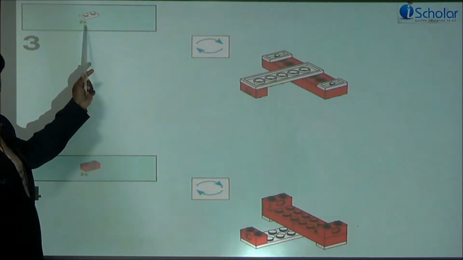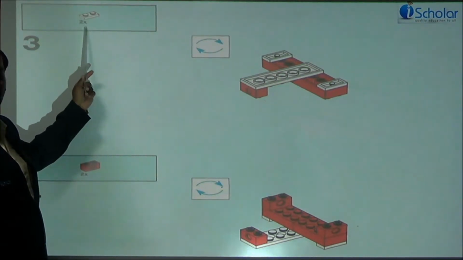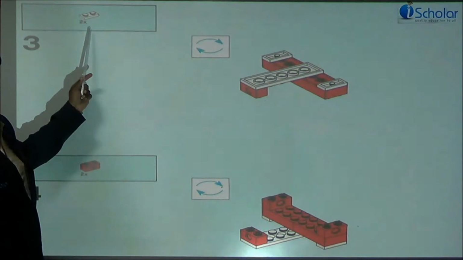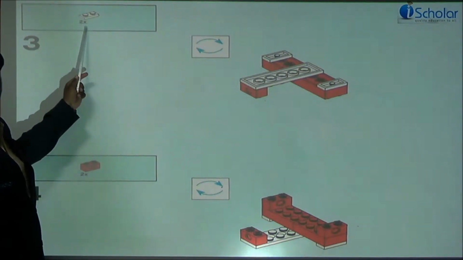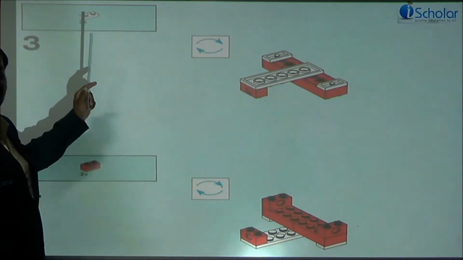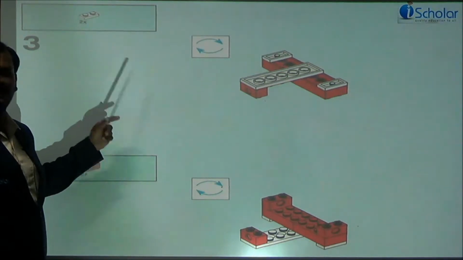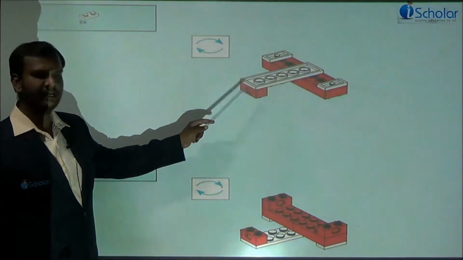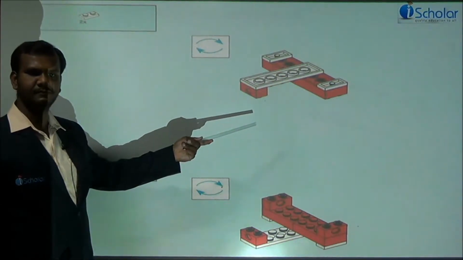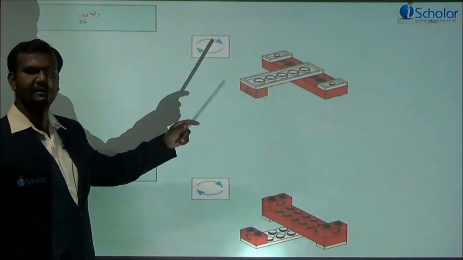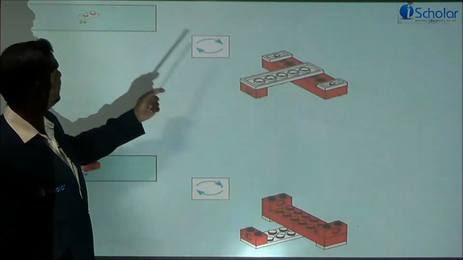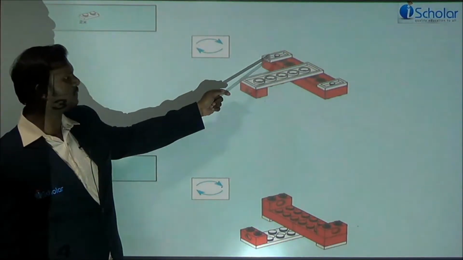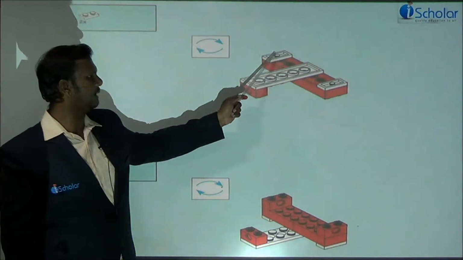So 2 dotted small or thin white blocks, take 2 in numbers, and the product we obtained in the previous step, just turn it upside down and place these 2 dotted small white blocks in the red color one.